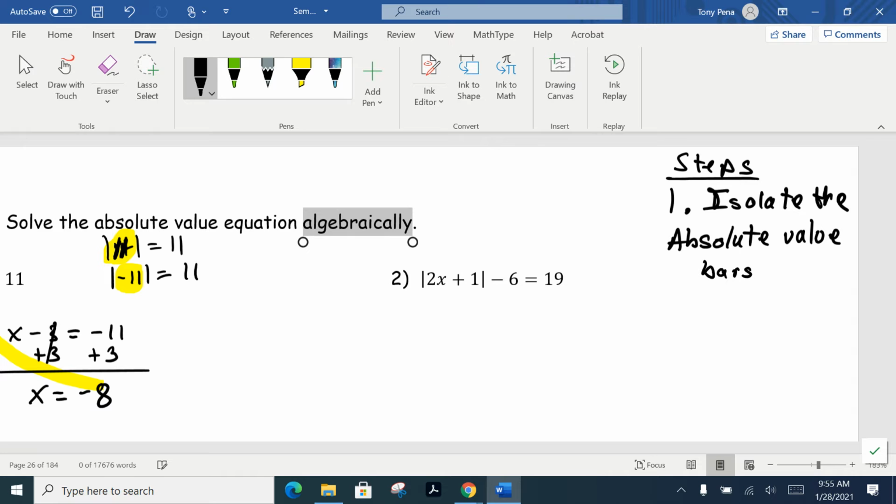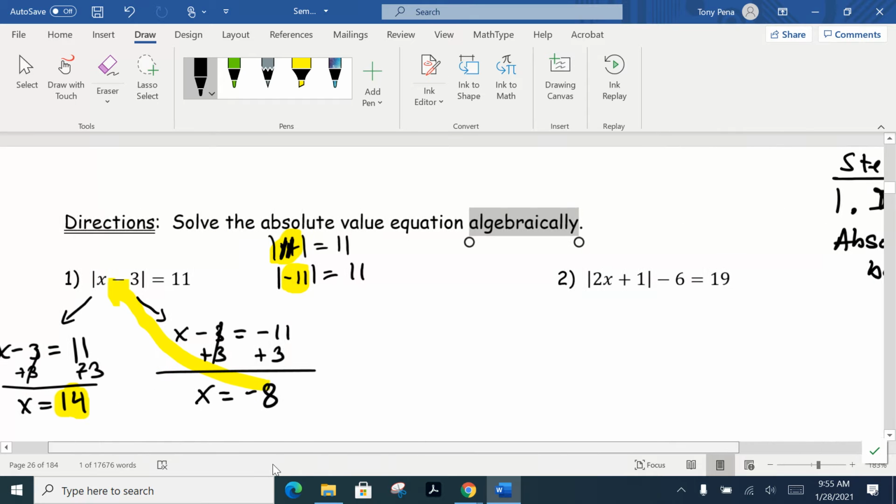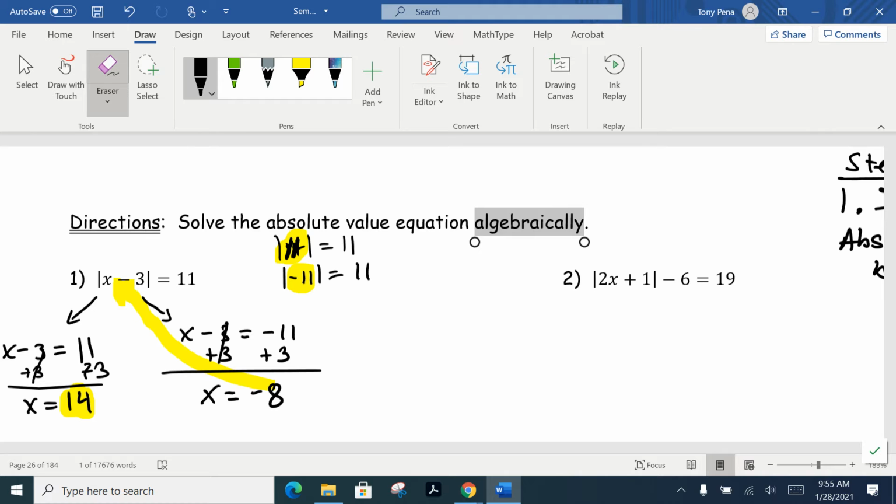So what that simply means, I'll give you a minute to write that down. We had already done that in number 1. So what I mean by absolute value bars, I'm going to highlight. So here's my absolute value bars. See how they're all by themselves on the left-hand side of that equation? That's what we need to have happen.